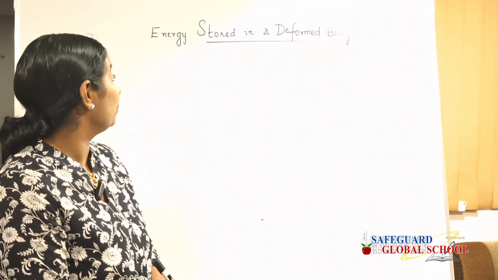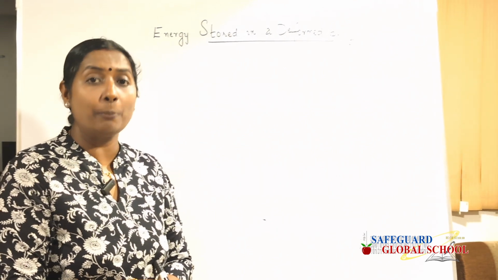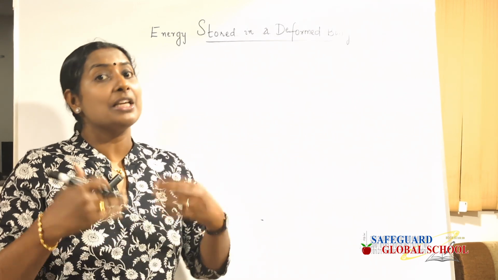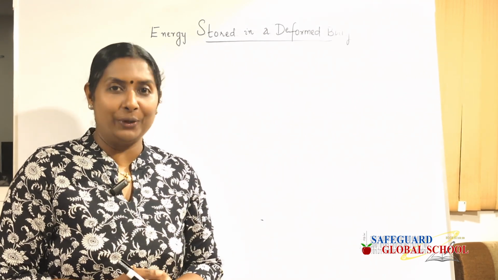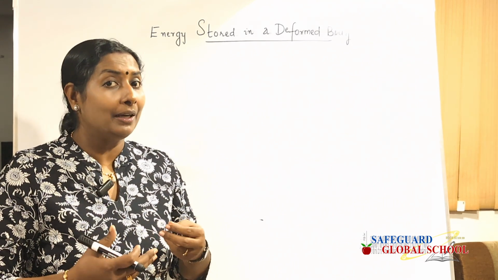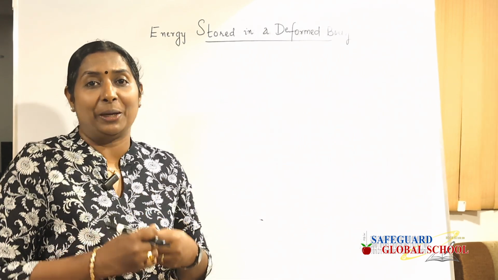Now let us move on to the next concept, energy stored in a deformed body. You know, when a deforming force is applied on a body, what happens? There is a restoring force developed inside the body to bring it back to its original position.